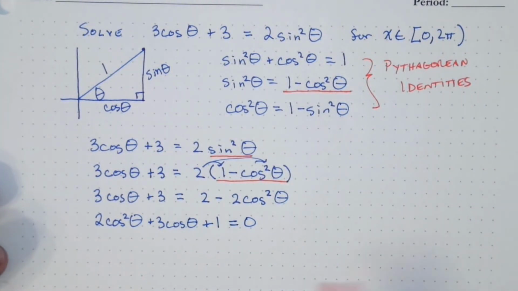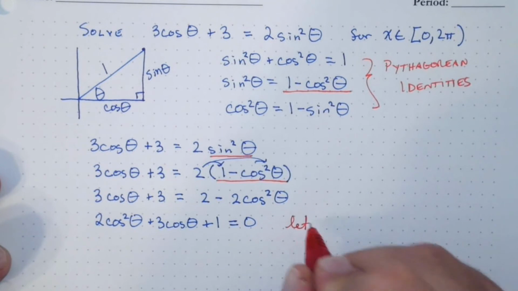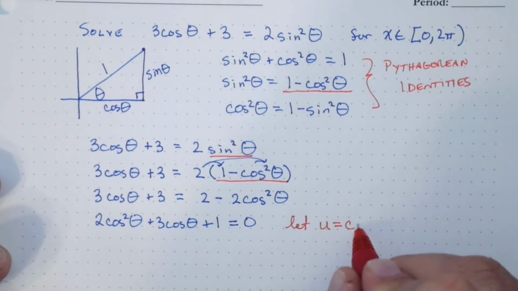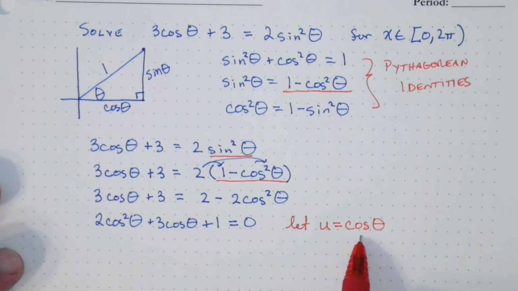So now I have this quadratic form of an equation in terms of my function cosine. My next step is to do what's known as a u substitution, and we're going to let u equal the cosine of theta. All right, so I'm going to make the substitution that u is the cosine of theta.